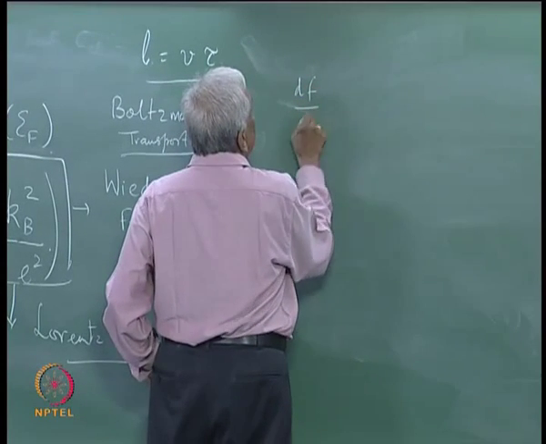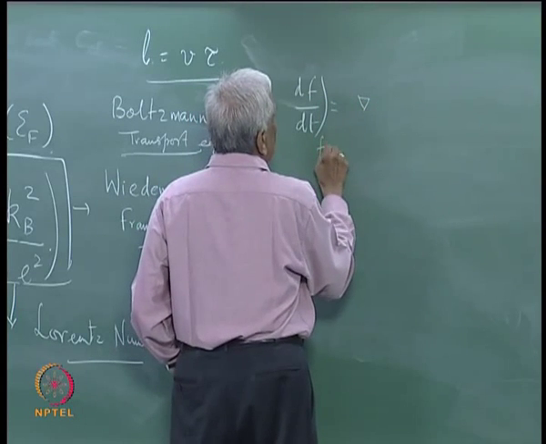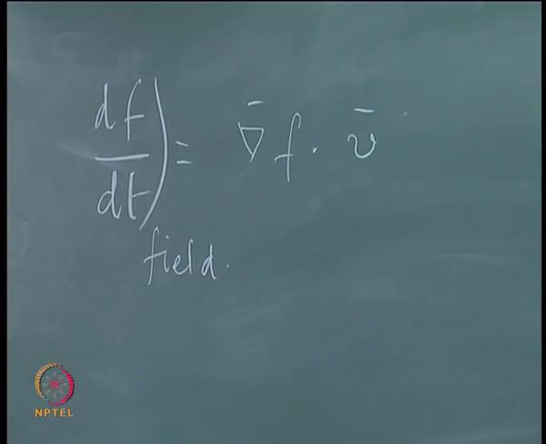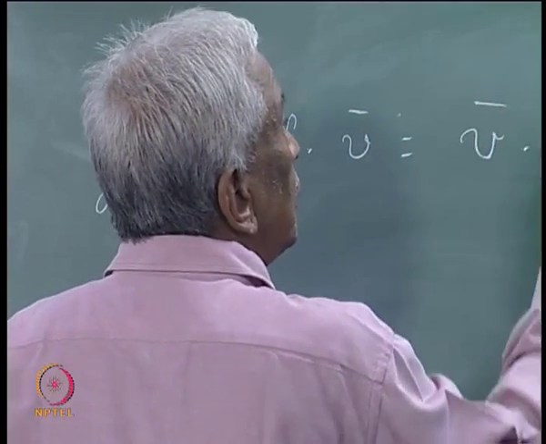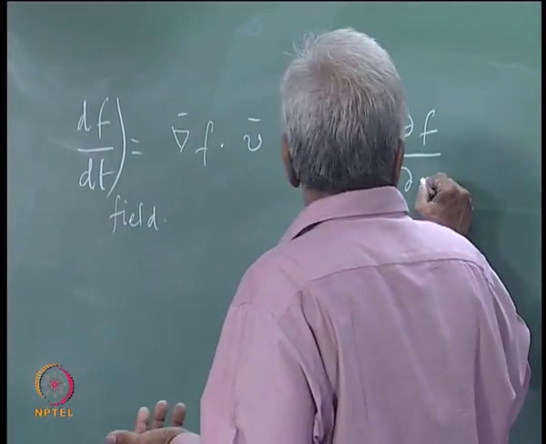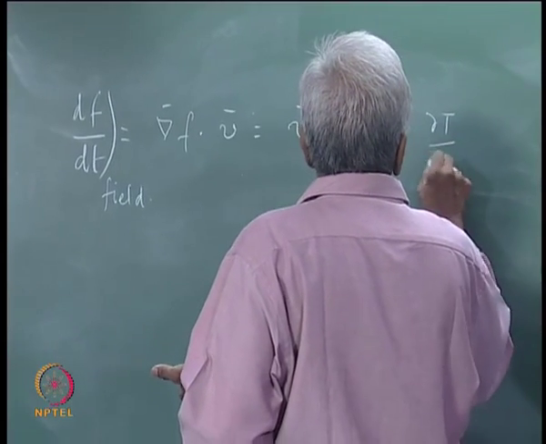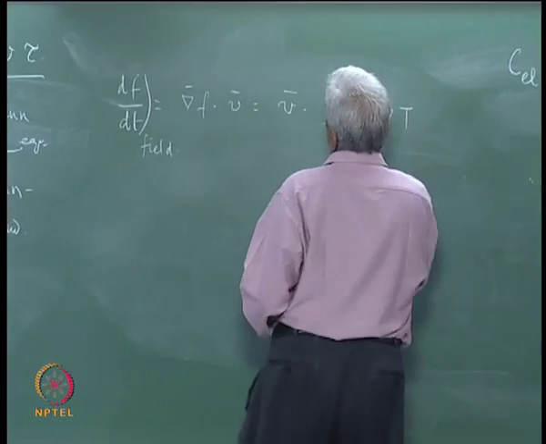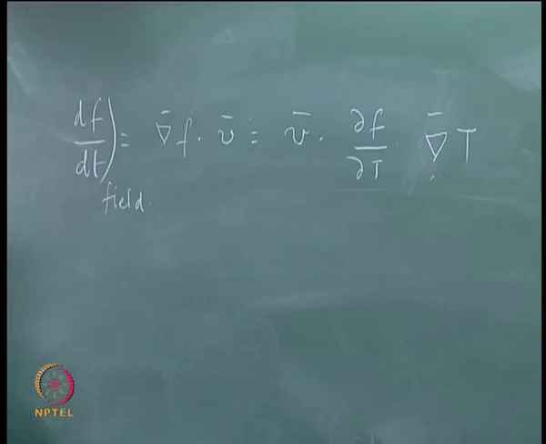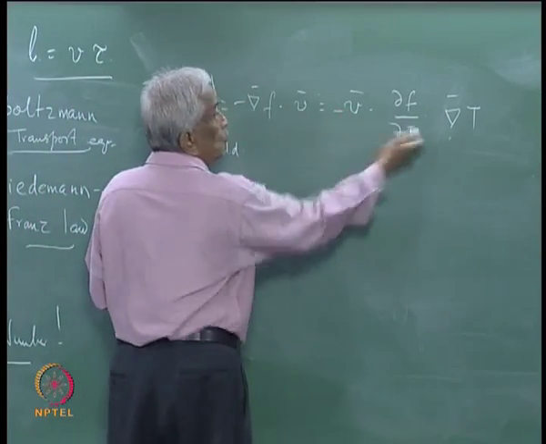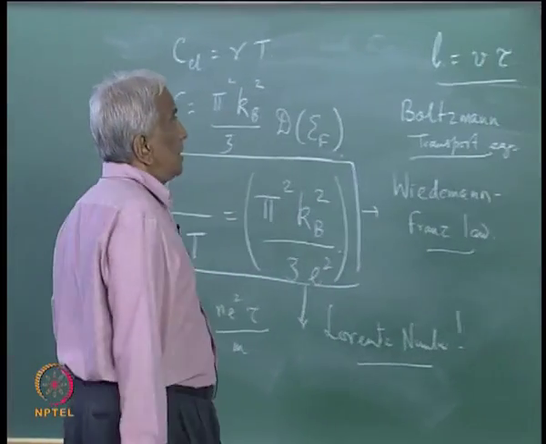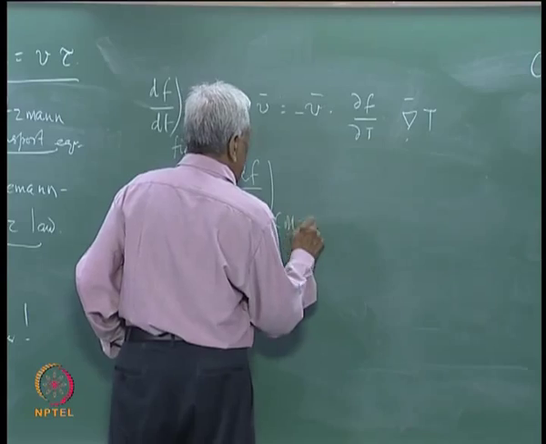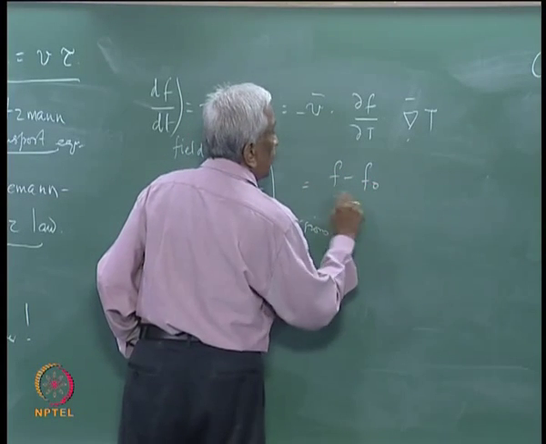So, we will write dF by dt as del f dot V, and this del f can be written as V dot dF by dT times dT by dx, say along a standard direction, or del T. There will be a minus sign to show that the drift of the electrons is against the temperature gradient, and this is balanced by the dF by dt due to collisions or scattering, which has the standard form f minus f naught by tau.